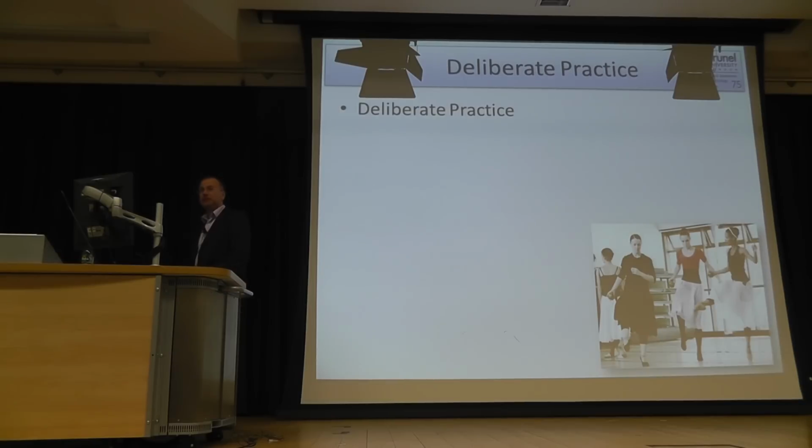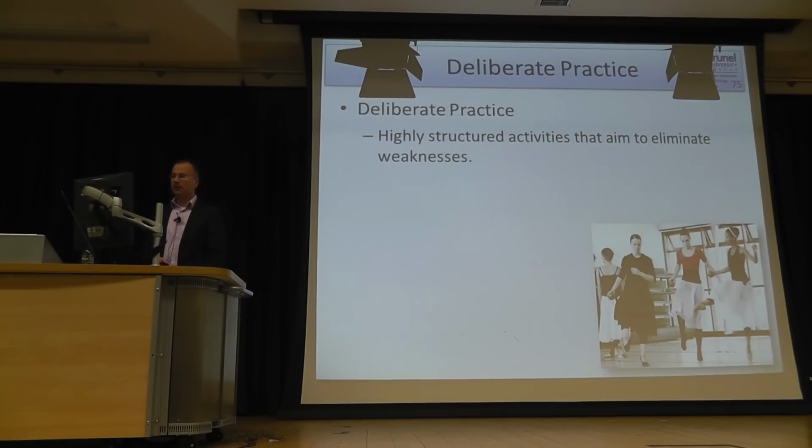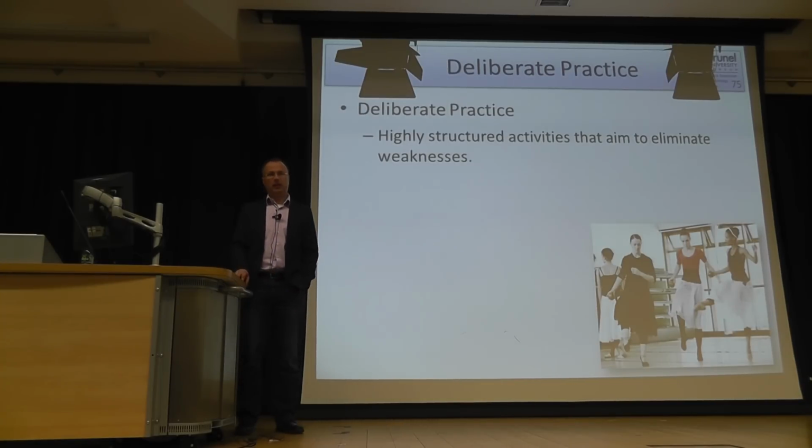Okay, so what is deliberate practice? That's actually something where you would say, yeah, that's where professional sportsmen have their personal trainers and work all the time. It is highly structured and has the main aim of eliminating the weaknesses.